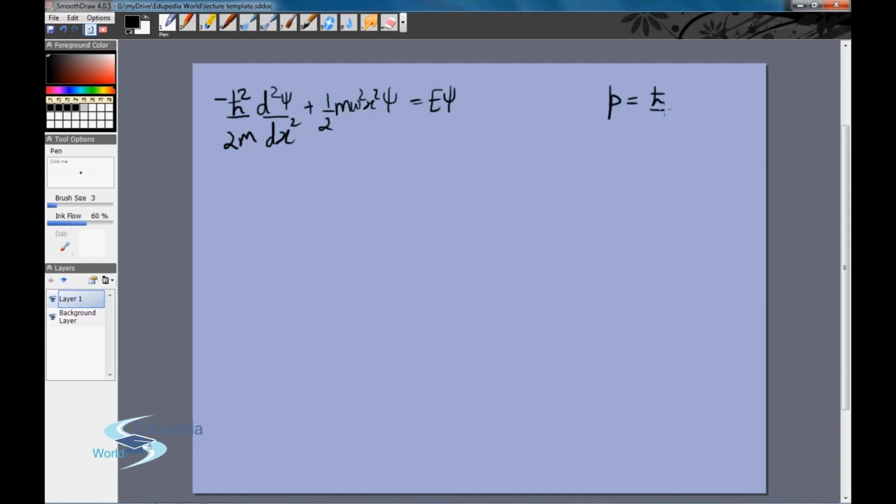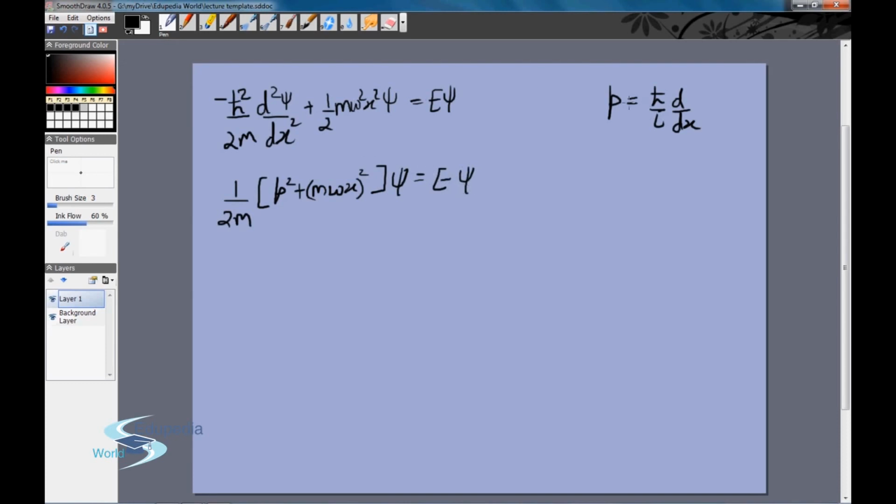Knowing that P is equal to h by iota d by dx, we can write this equation in a better format. We can write it as 1 by 2m times P squared plus m omega x whole squared psi is equal to E psi.